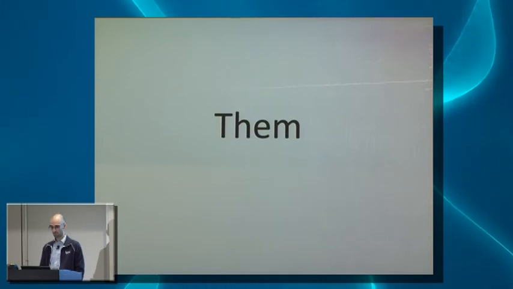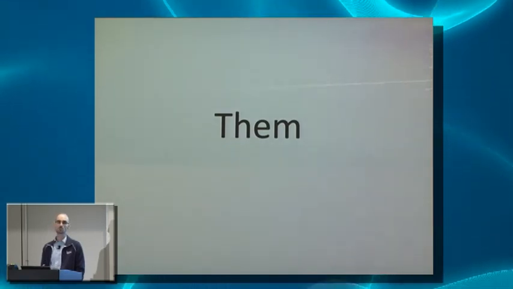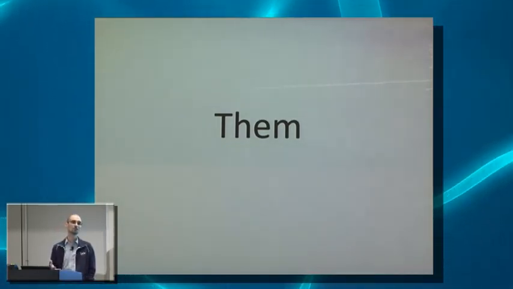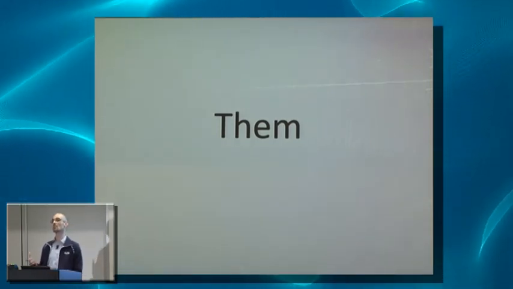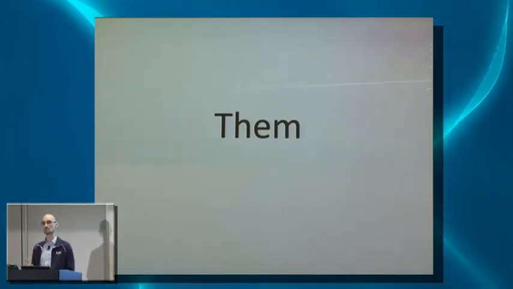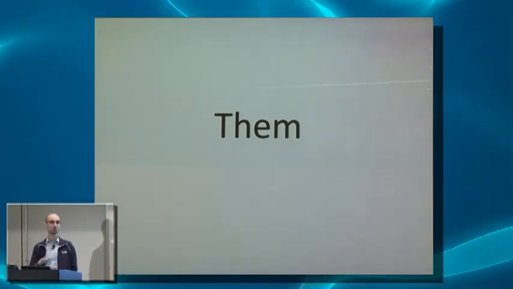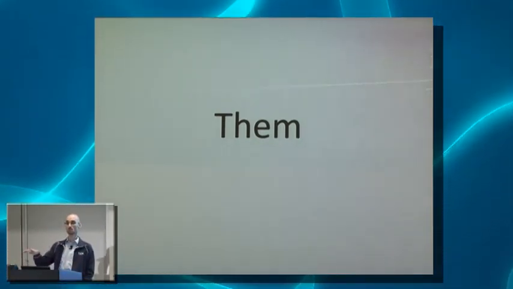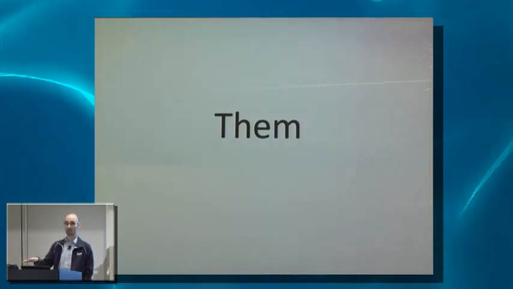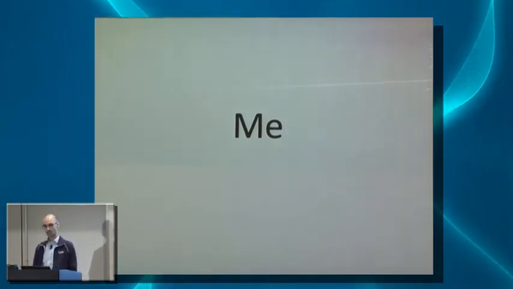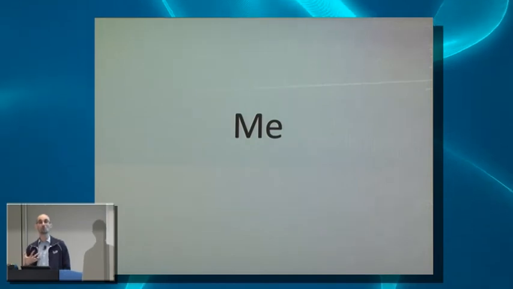And so the way to start this conversation with your group is to stop talking about them. Right? We started at the beginning of this, talking about them. Those people who need screen readers, those people who don't use mice. And then we got more specific, and we talked about me.